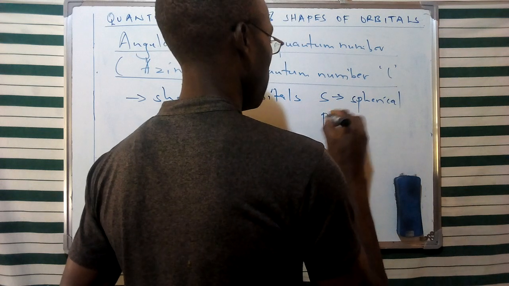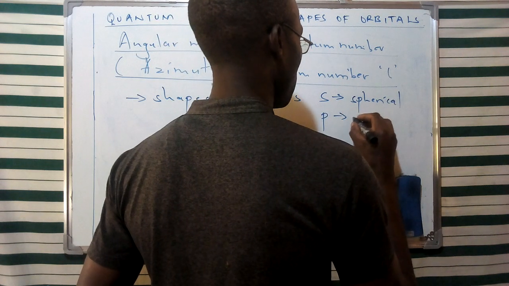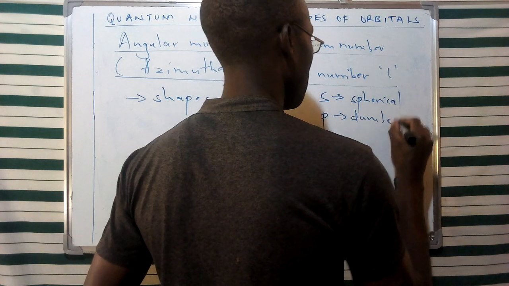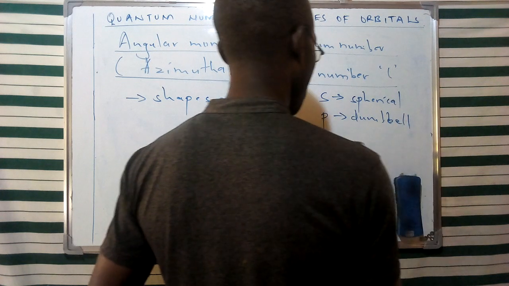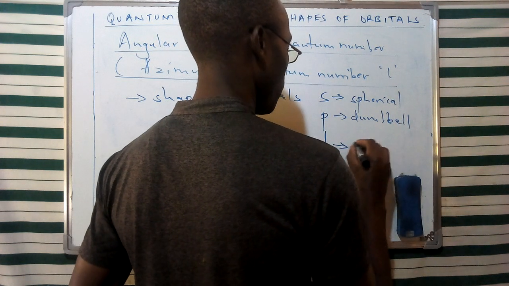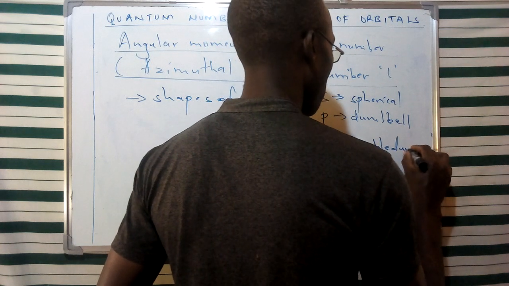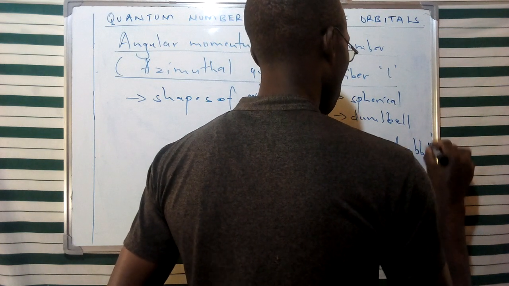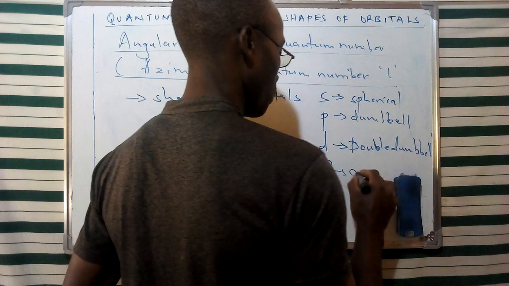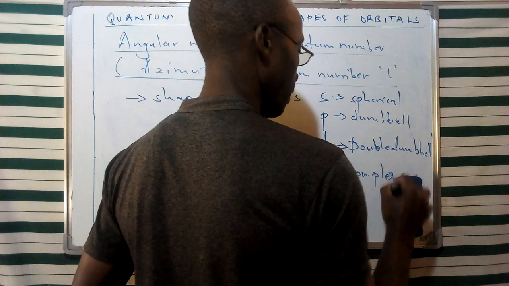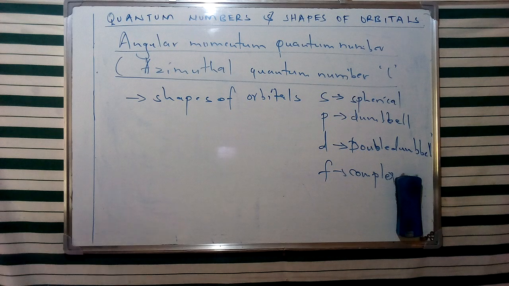And then we're going to have the P, which is going to be a dumbbell. And then we have the D, which is going to be a double dumbbell. And then the F orbital is going to be a complex one, as we had represented it in various forms in our discussion.